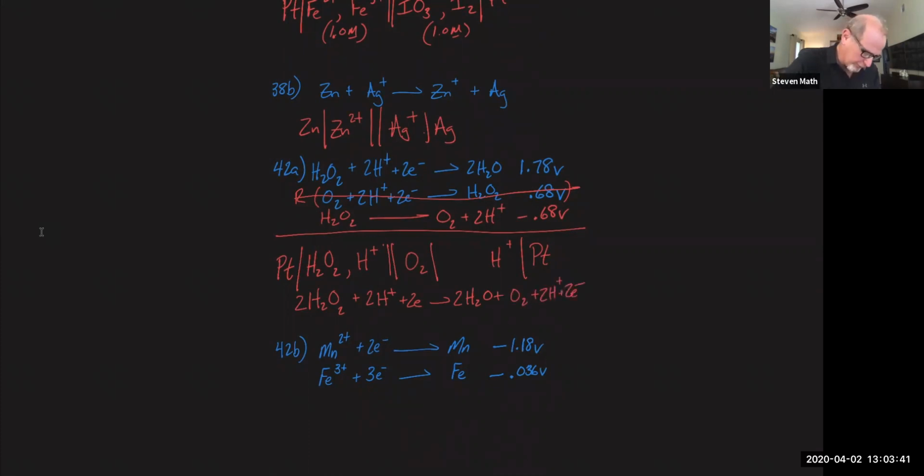Let's cancel some stuff out here. That goes away, that goes away, that goes away, that goes away. We need H2O over on, excuse me, on this side. There we go.